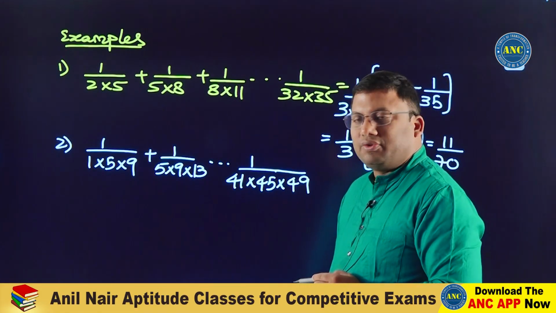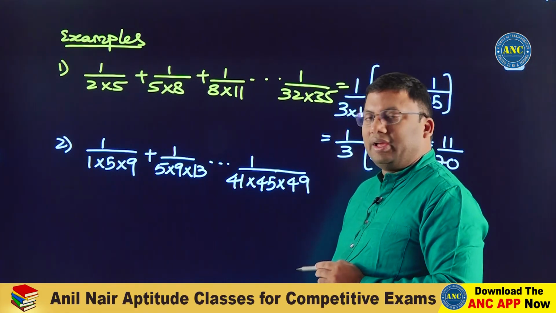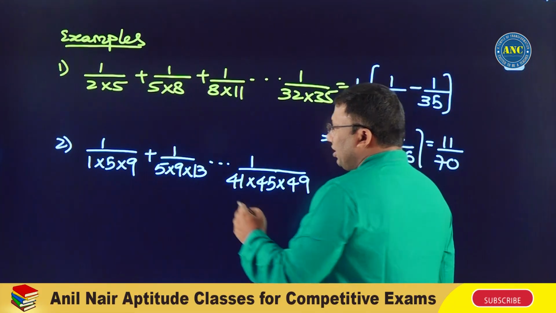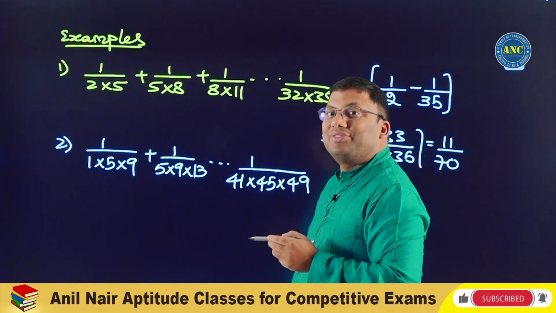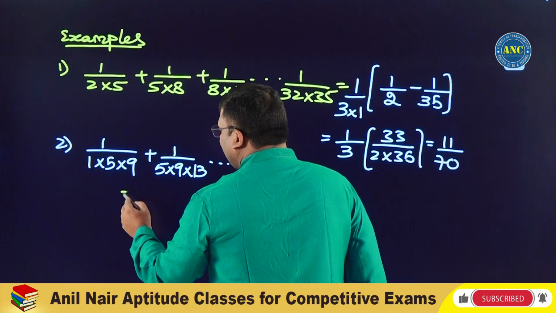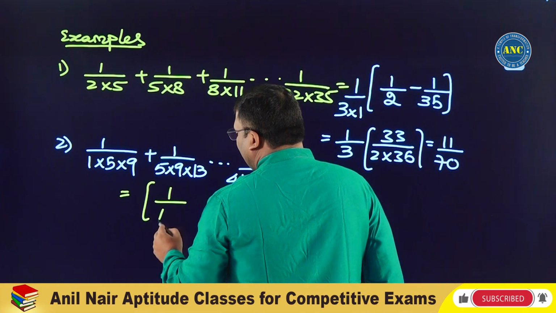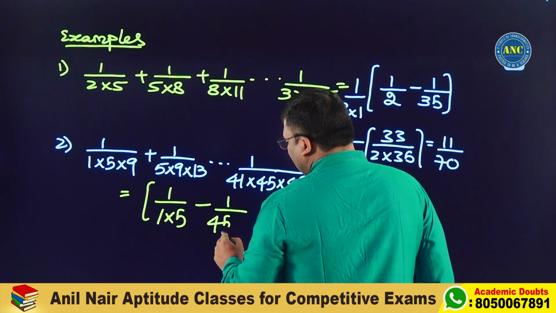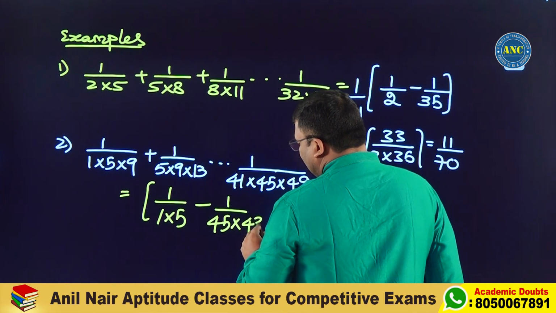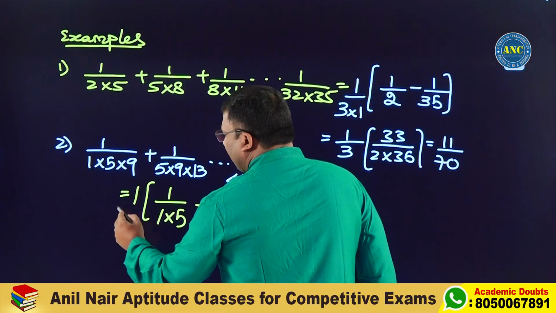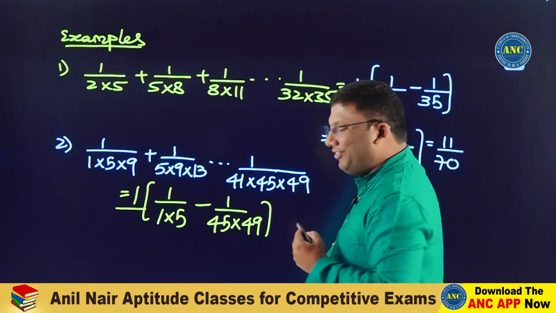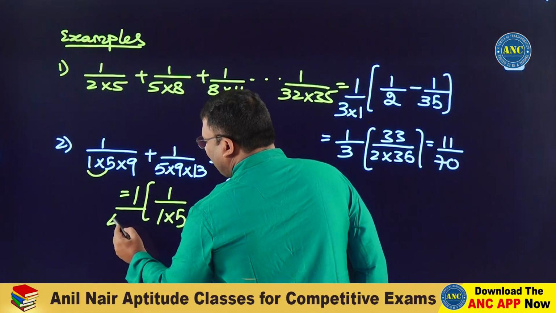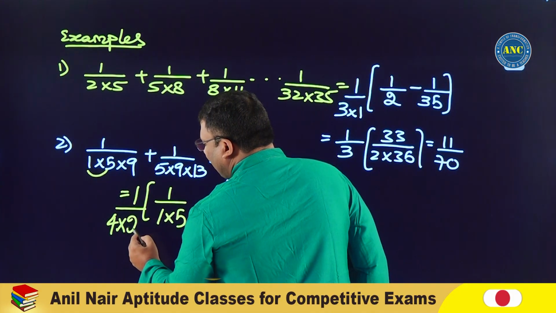How many numerical values are there? 3 numerical values are there. If 3 numerical values are there, write down the first 2 and write down the last 2. 1 by. What is the difference between values consecutive? 1 and 5, it is 4. 5 and 9 also 4. 3 numerical values are becoming 2.